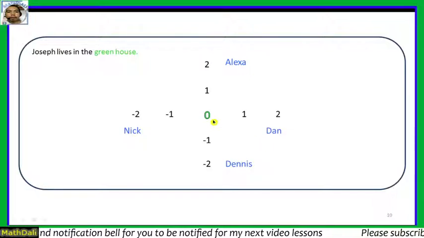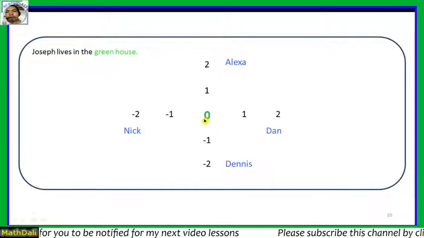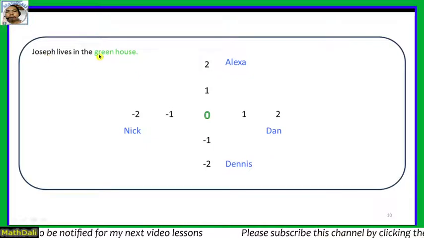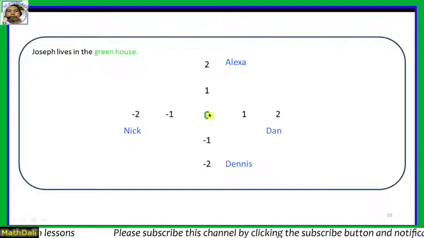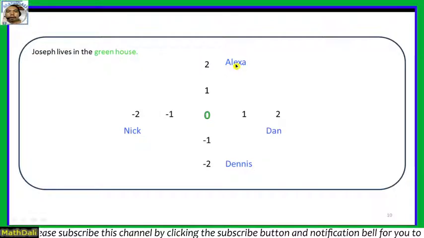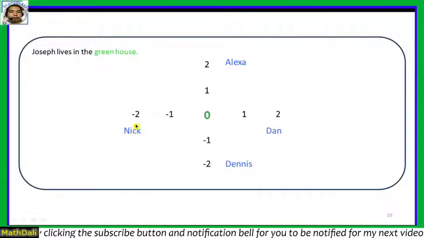Consider natin yung bahay ni Joseph, the coordinates of the Joseph house will be equal to 0 since that will be the origin. Yung initial point. So, gaano kalayo yung bahay ni Alexa? Gaano kalayo yung bahay ni Dan? Gaano din kalayo yung bahay ni Dennis? Likewise with the house of Nick.